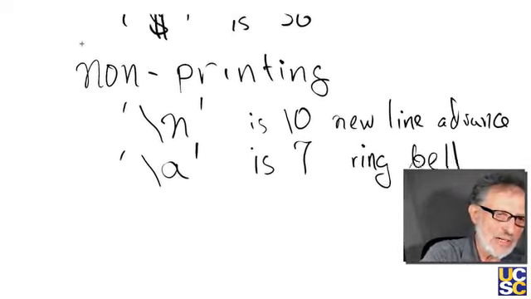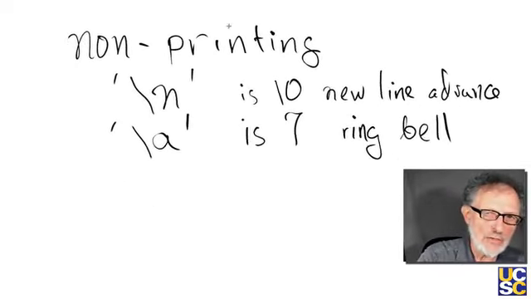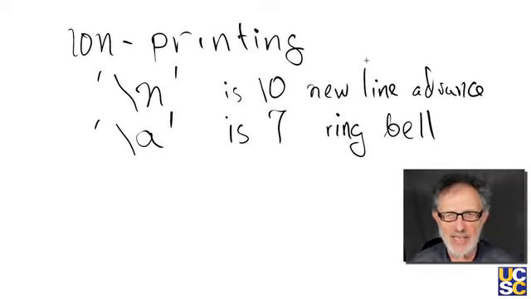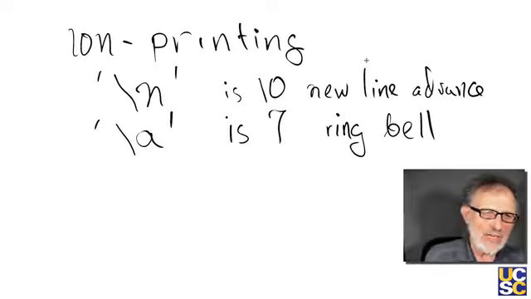Now, non-printing characters are very important as well because they promote actions on your computer system. \n, see, you can't have just n because that would be printed as n, but the backslash sort of escapes it.